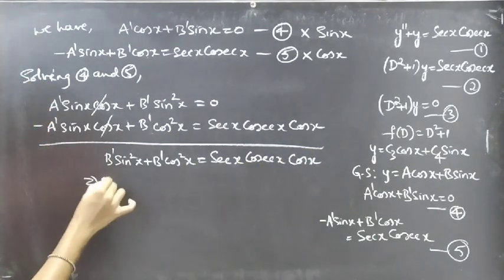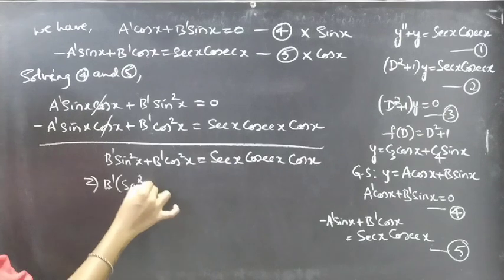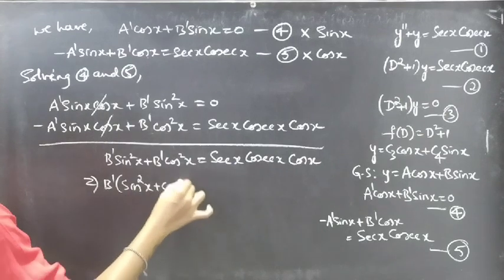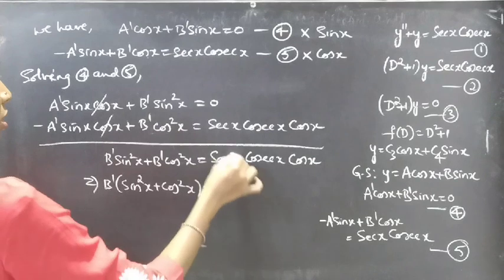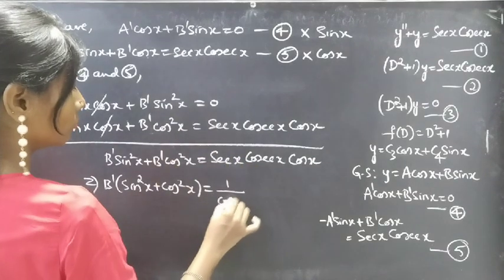which gives us, just take b dash common from the two terms of LHS, we'll get b dash times sin square x plus cos square x equal to, we can write secant x as reciprocal of cos x, right?